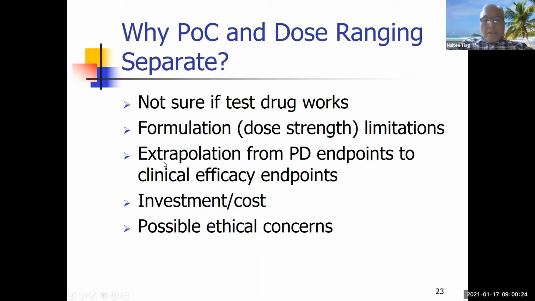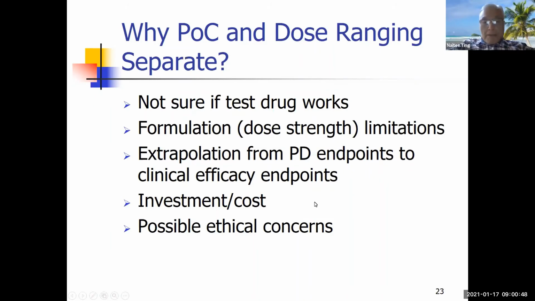And from phase I going to phase II, you're going to extrapolate. In phase I, you can only observe PD markers, pharmacodynamic endpoints. Now in phase II, you're looking at clinical efficacy endpoints. You're working with patients, so you're collecting patient efficacy data.